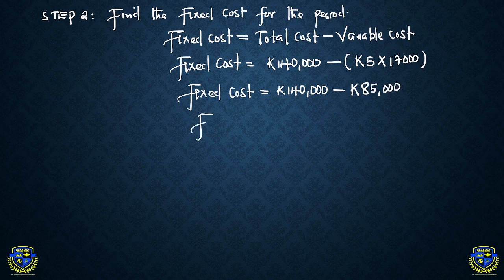So therefore, a fixed cost is equal to 55,000. So as long as the units are less than 18,000, our fixed cost is going to be 55,000. But if our units exceed 18,000, there will be an addition of that 5,000 on the fixed cost, which is a step up.